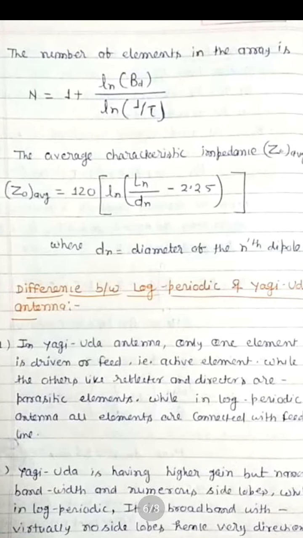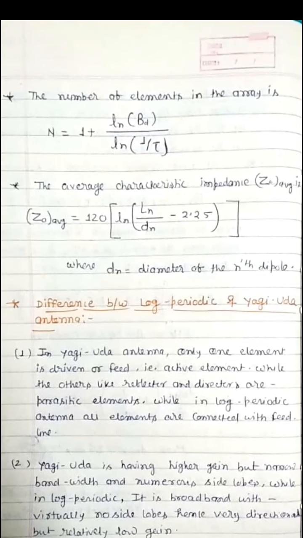Now, yesterday we discussed the Yagi-Uda antenna. So what is the difference between log periodic and Yagi-Uda antenna? Basically in the Yagi-Uda antenna only one element is driven or fed, that is the active element, while the other elements like directors or reflectors are parasitic elements.